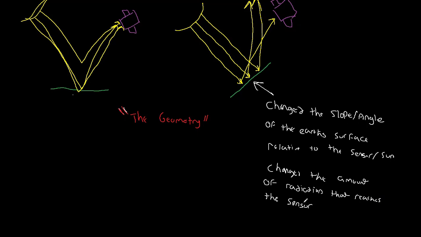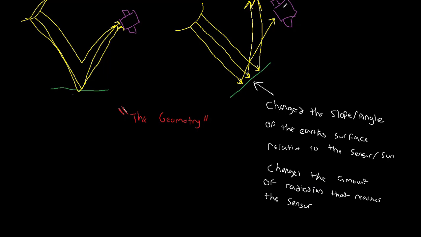Okay? I want to recap that. All we've done between this one and this one is changed the geometry. The geometry between the sun, the surface, and the sensor. We've changed that geometry by changing the slope of the Earth's surface. And in doing so, we've changed the amount of radiation that is on a path that will reach the sensor.